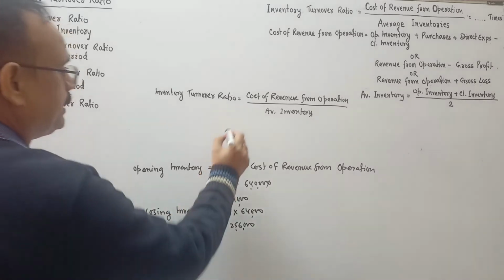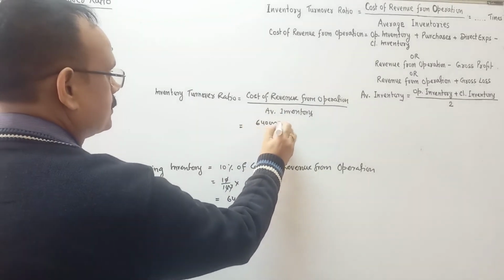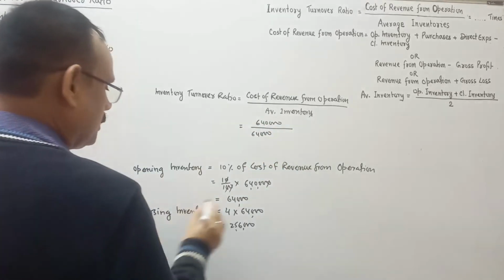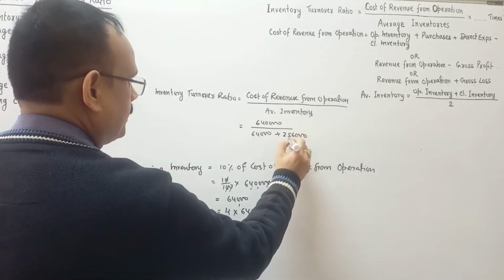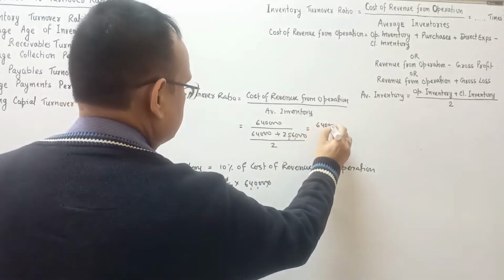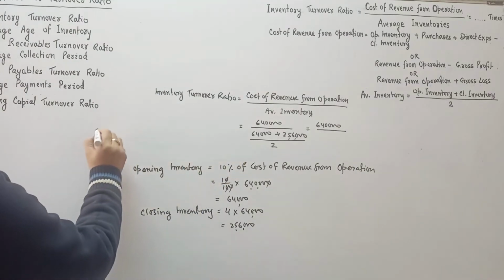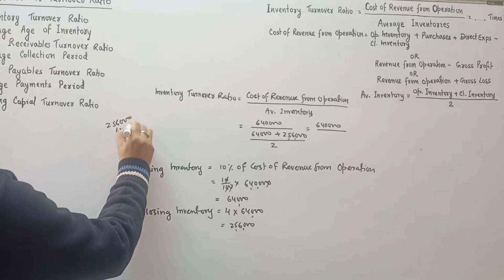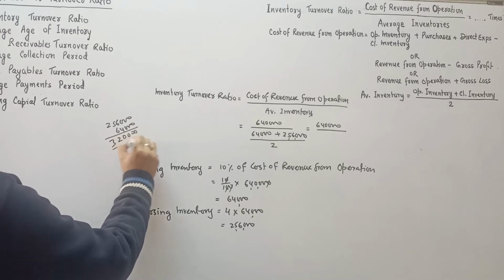Okay, so cost of revenue from operation is 6,40,000 given in the question, and you have to find out the average inventory. Opening is 64,000 and closing is 2,56,000, upon 2. So 6,40,000 upon the average inventory. 2,56,000 plus 64,000 is 3,20,000, upon 2.